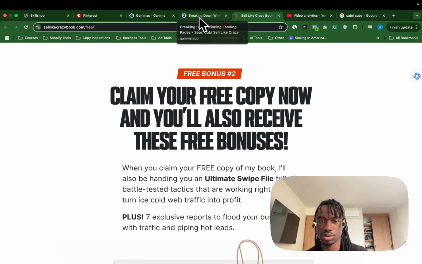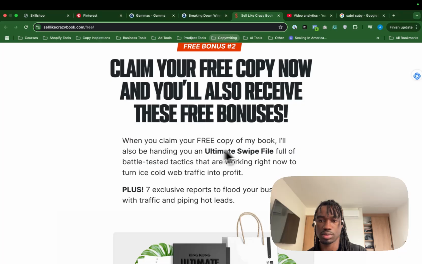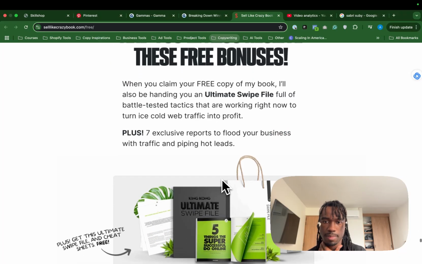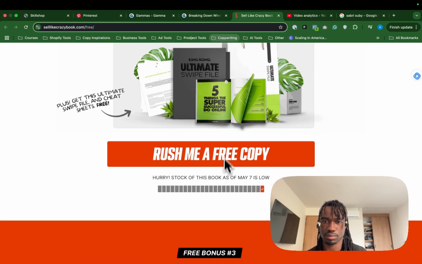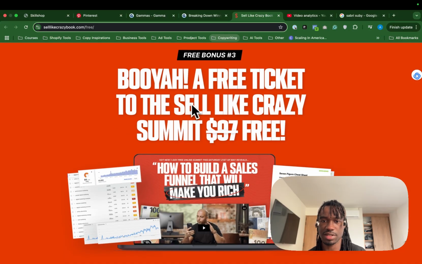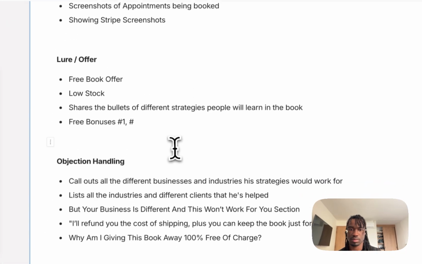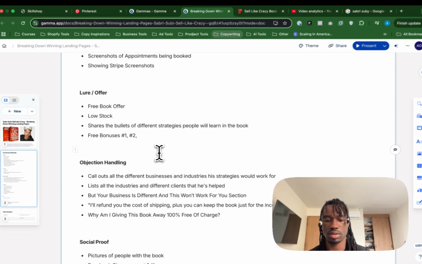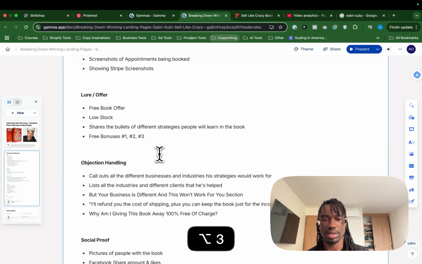Free bonus two. So he has this ultimate swipe file. And then he has a free ticket to the Sell Like Crazy Summit. And three.